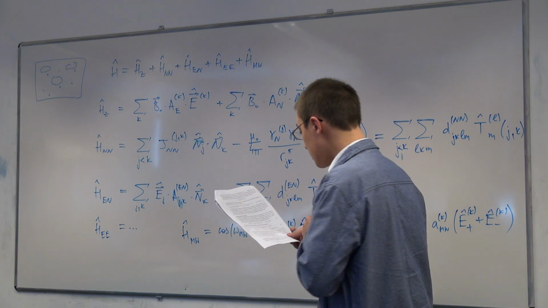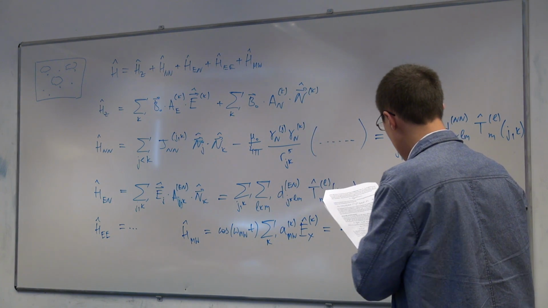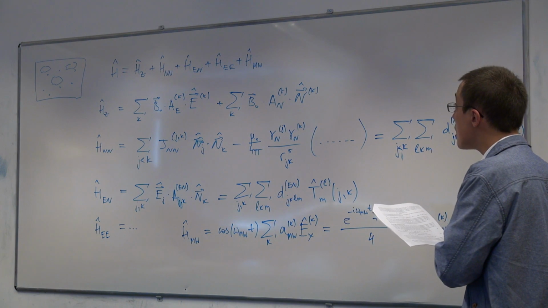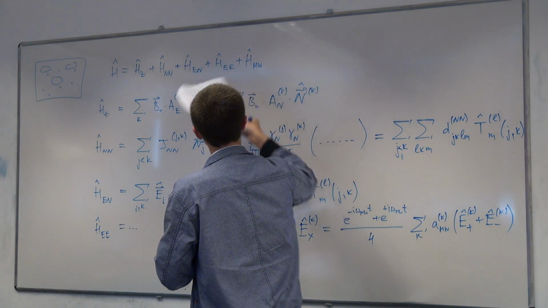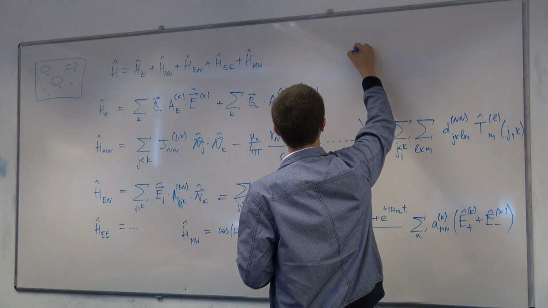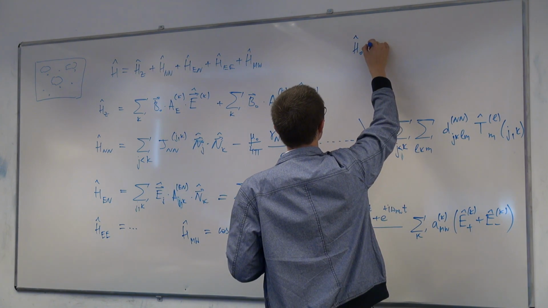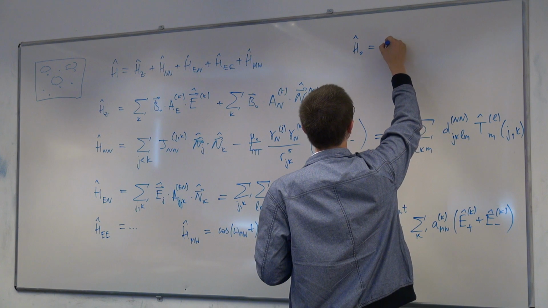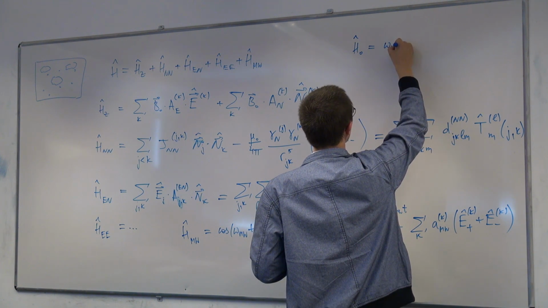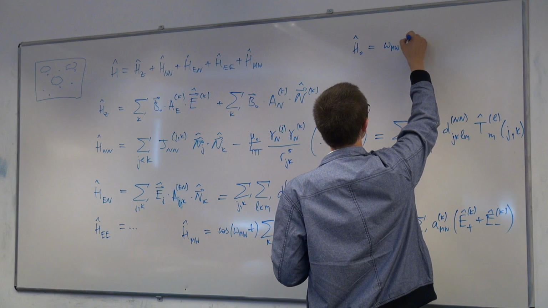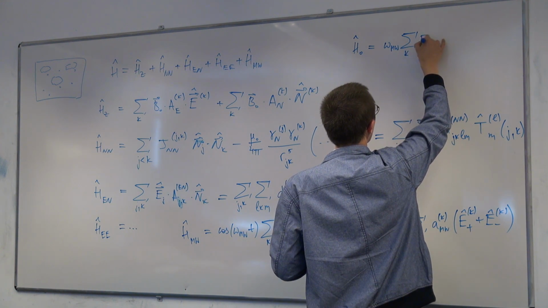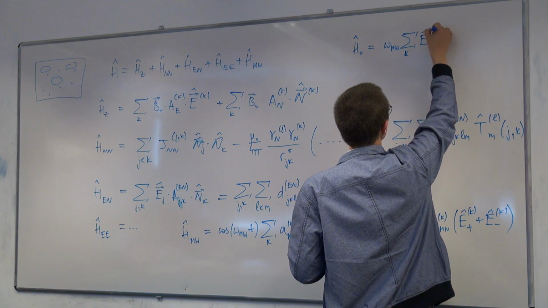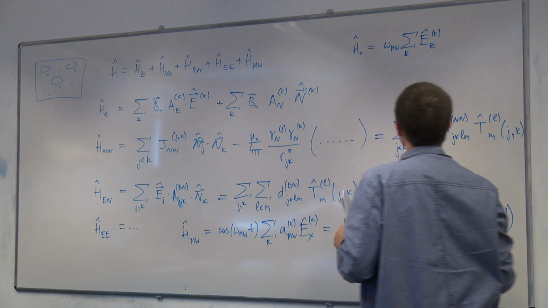So what we'll do next is to actually carry out a rotating frame transformation with respect to the microwave frequency. So our H0 in the rotating frame expression is going to be omega microwave times the sum over the electron operators.